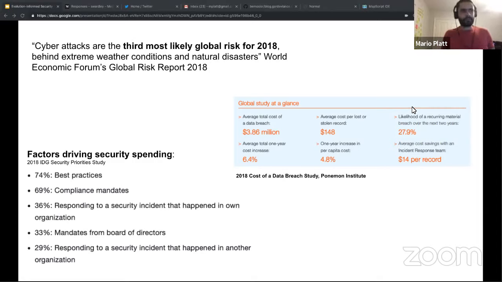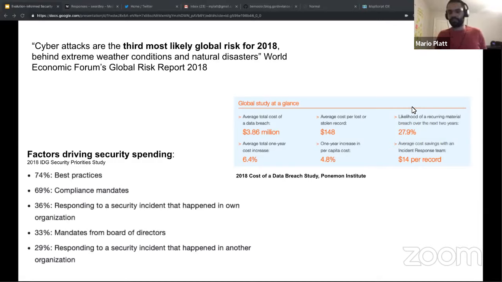Also, in terms of the costs of data breaches, we have some interesting numbers. Year on year, things have been increasing. And we now have a few numbers from 2018's Ponemon Institute: on average, it's costing $148 for each record that is lost or stolen. But what is interesting about this number is that this is an average.